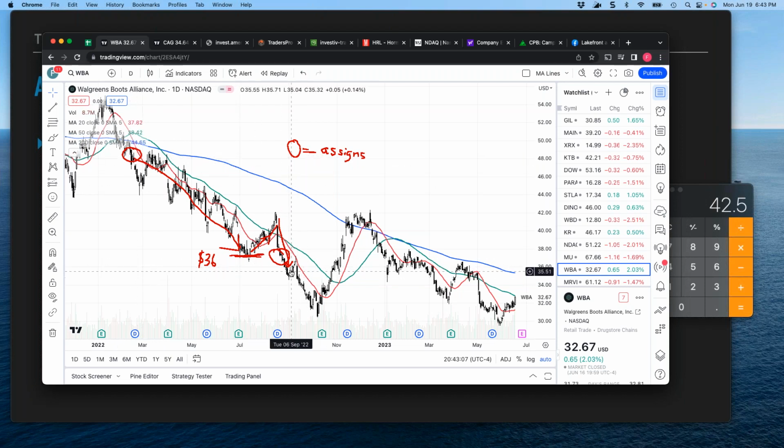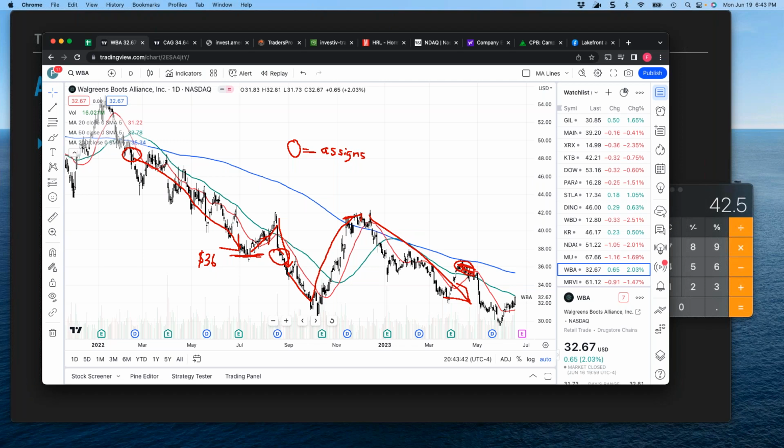Now let's suppose that I did it again. I applied another trade a little bit later after the stock had gone down some more. I watched it go down, I watched it come back up here, and now it's come back down, and let's suppose that I sold another put option with about a $31 strike price while the stock was up in this range.